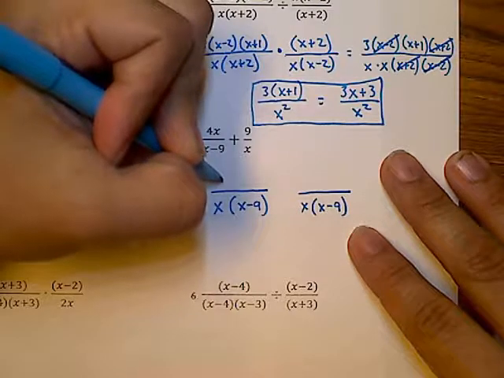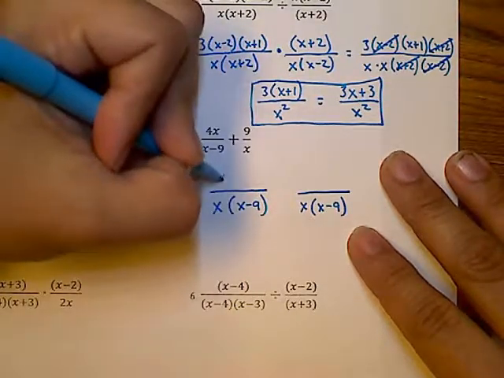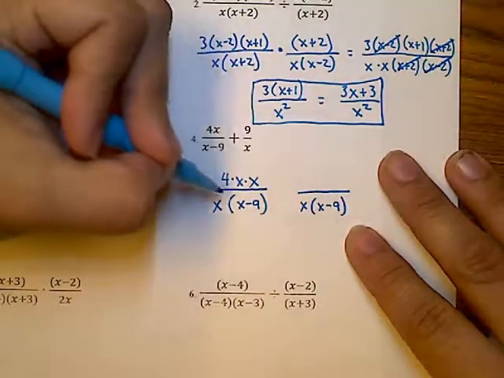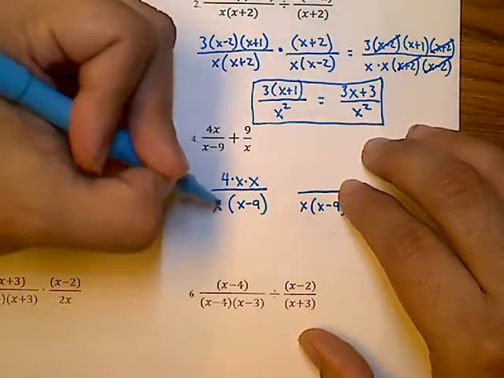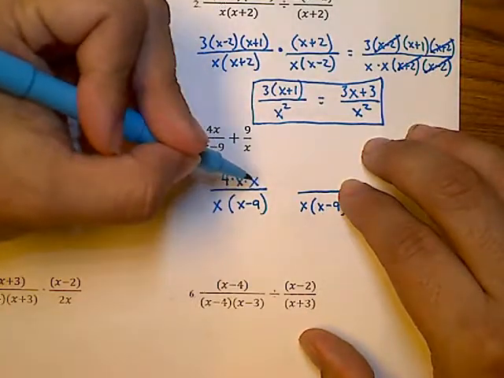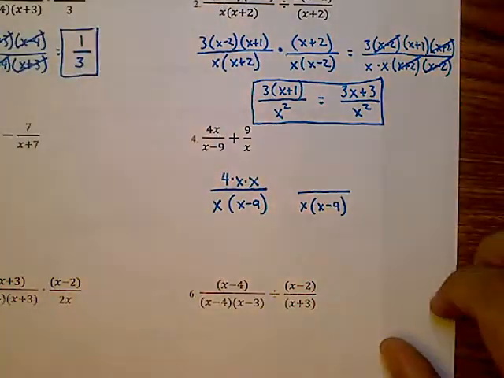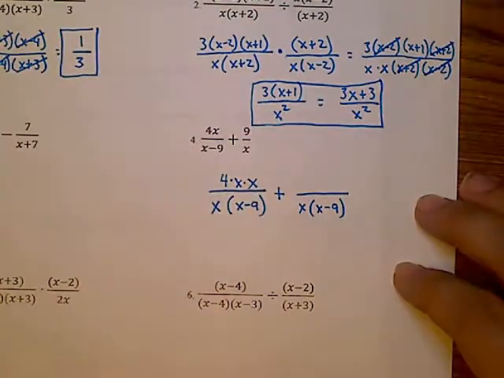So this is going to be x times 4x, but that'll just be 4 times x times x. I'm not going to put them together yet. All I know, though, is that because I multiplied in this x, I'm going to multiply in this x. What you do to the bottom, you have to do to the top. That is the same as multiplying by 1. This was an addition problem, so I'm going to keep it an addition problem.